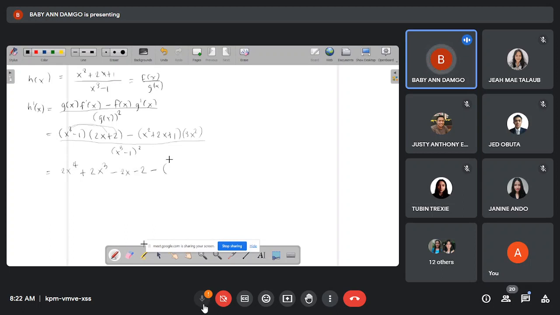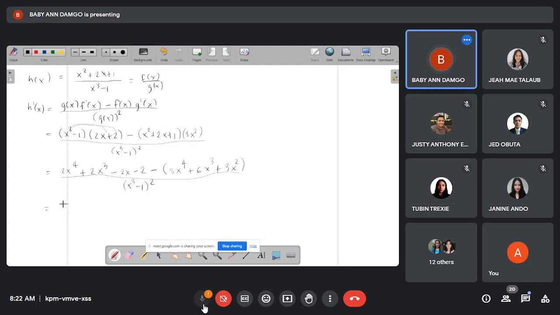Okay, so minus. So this one, this is 3x to the fourth plus 6x cubed plus 3x squared all over x cubed minus 1 squared. Okay? Simplify. So, combine.